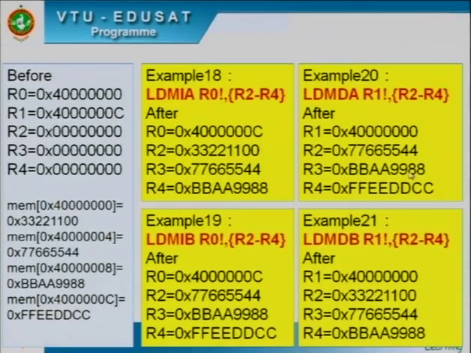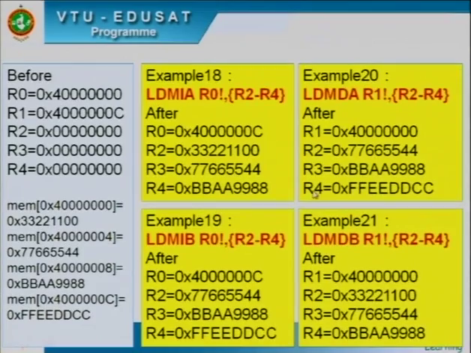Then again the address decrements, and the content of that address is copied to R2. So the starting address here will be 0x4000C minus 4n plus 4. That is the address from where R2 gets the value.